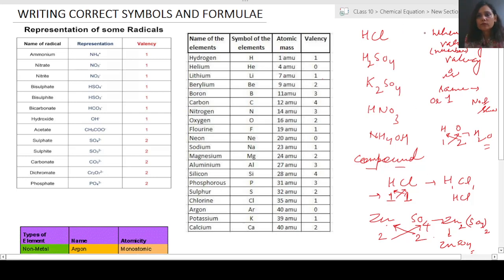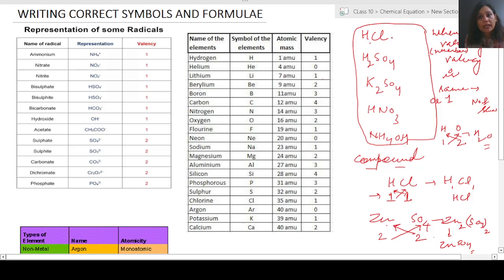Now coming back to the topic, these are the common reactants which you are seeing in the lab. Here you can see that HCl is mentioned over the bottle. Most of us remember that hydrogen valency is 1.